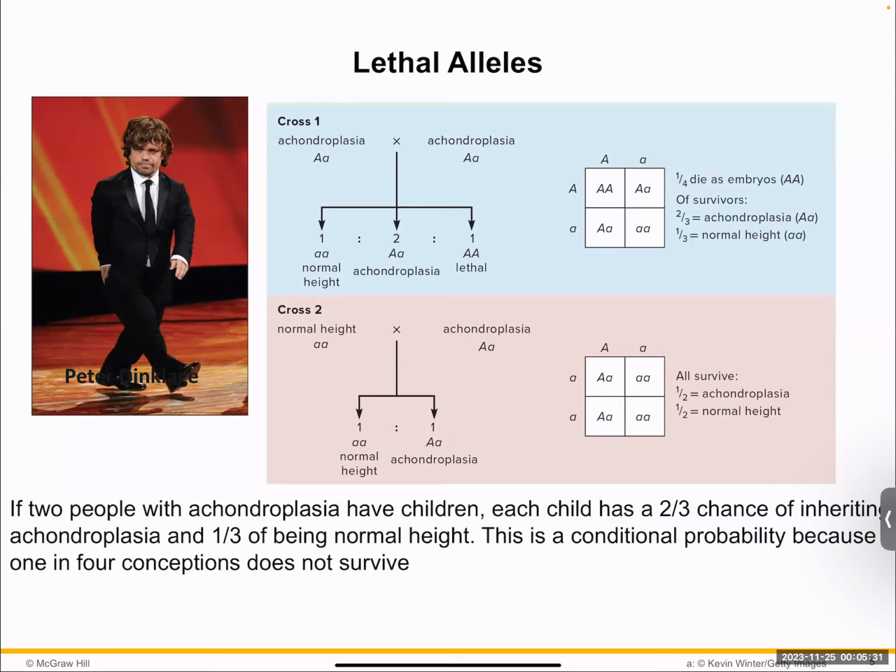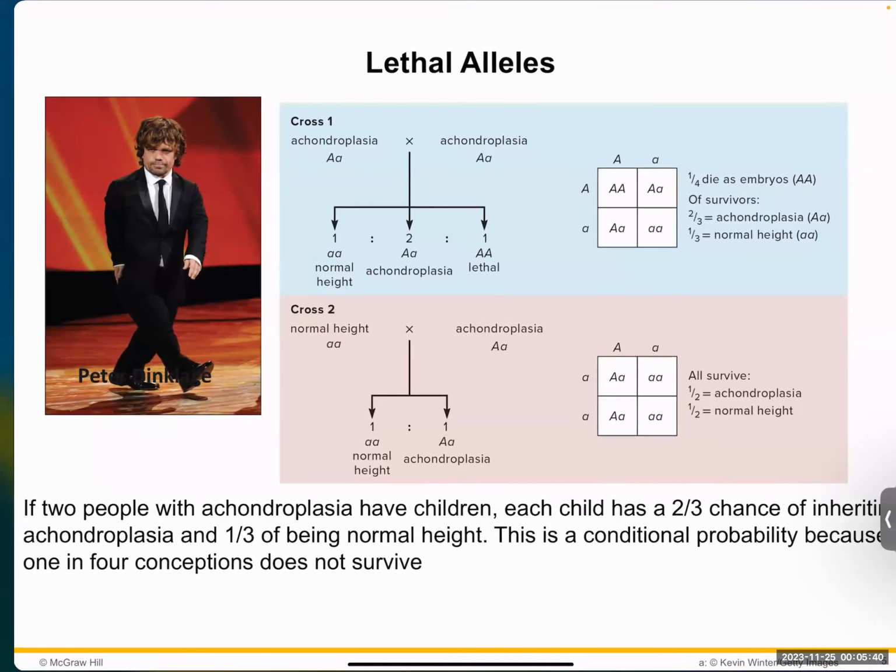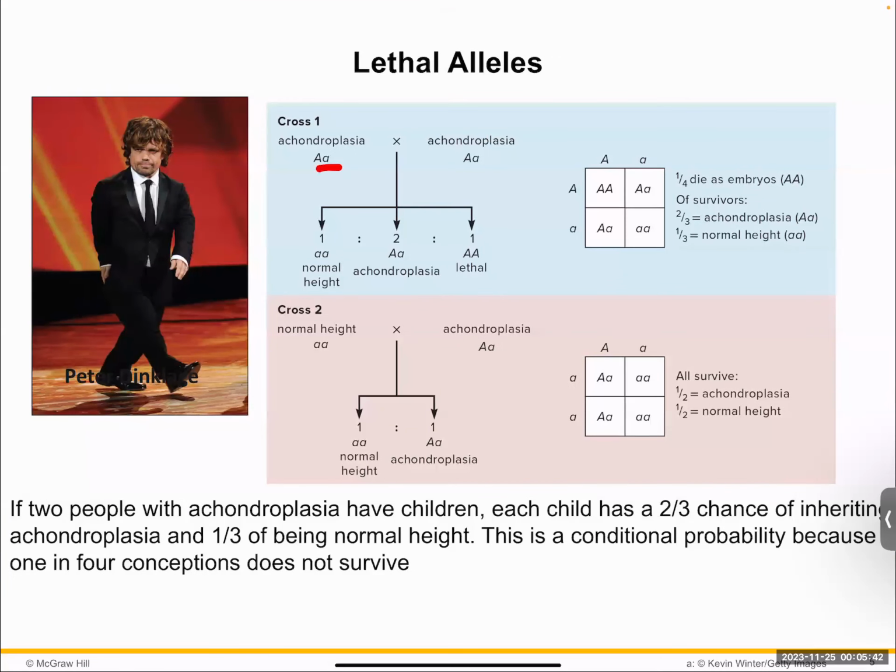if they are both carriers, as well as have the medical condition. Here we have two parents that are heterozygous for the medical condition, which means they have the shorter height, and we want to see using the Punnett square how that is passed on to the next generation.